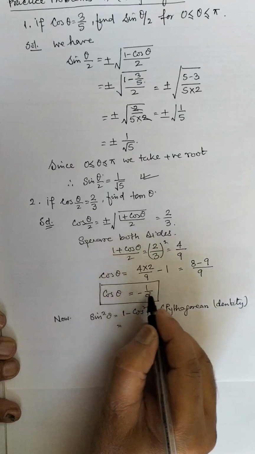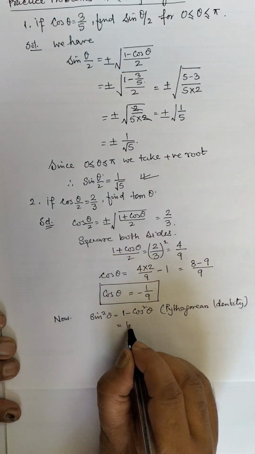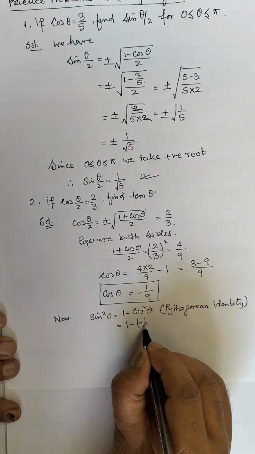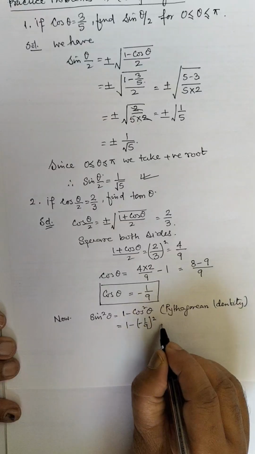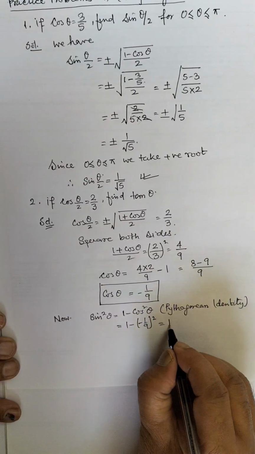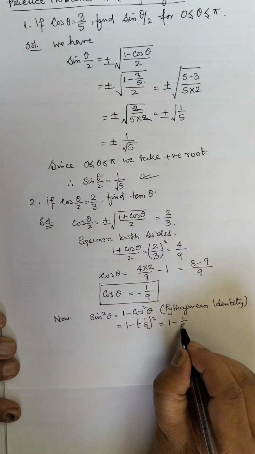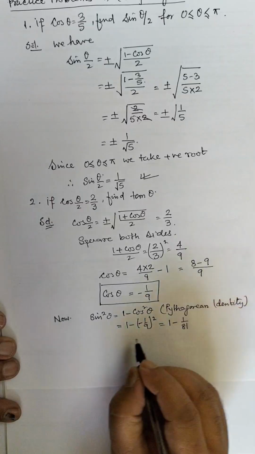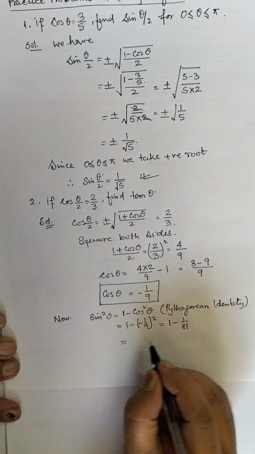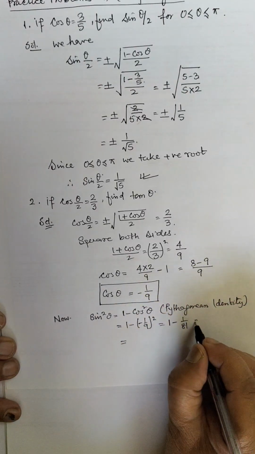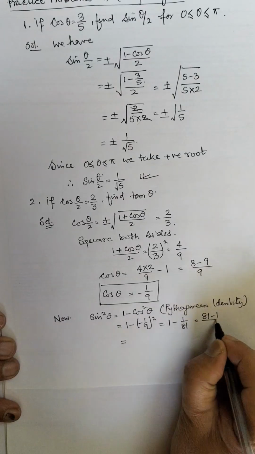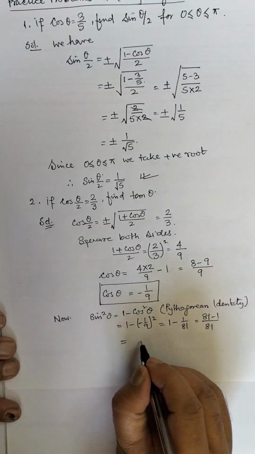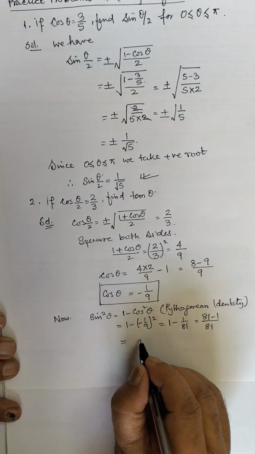Now, cos theta, the value we have got is 1 minus of minus 1 by 9 square, which is 1 minus 1 by 81, and this becomes 81 minus 1 by 81.